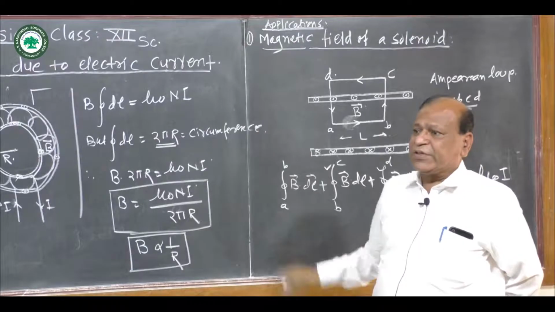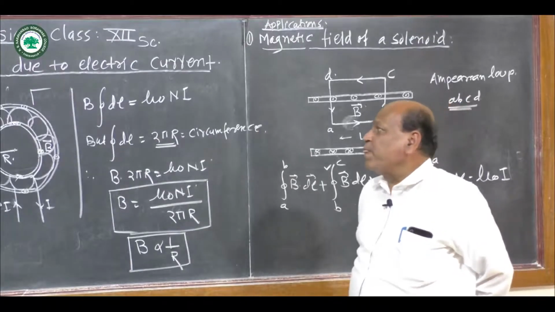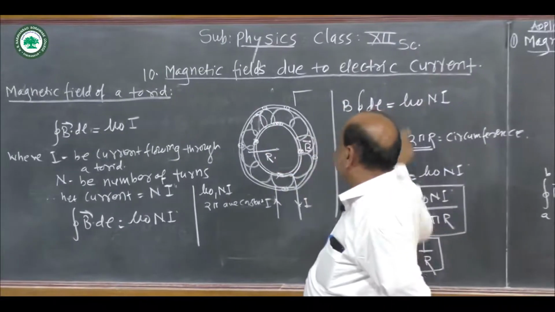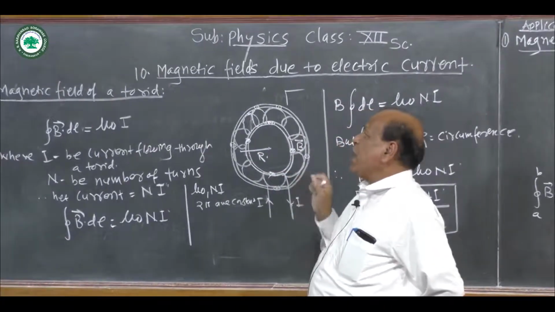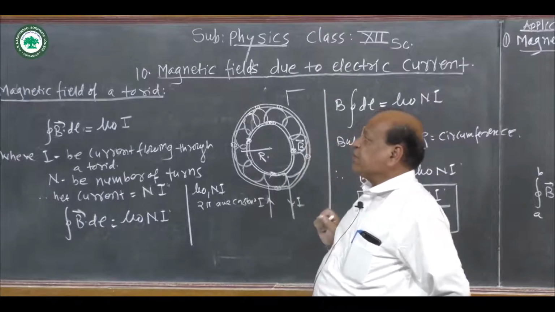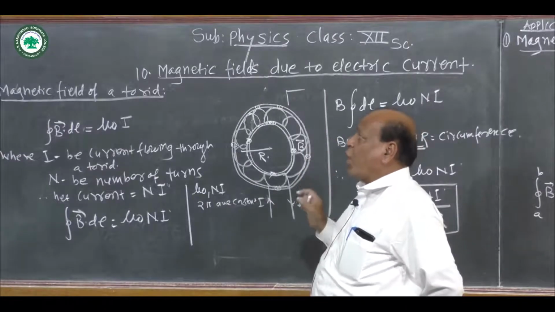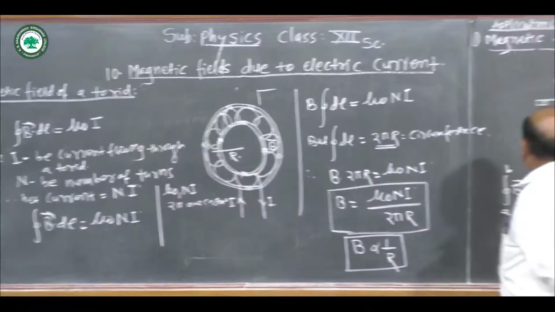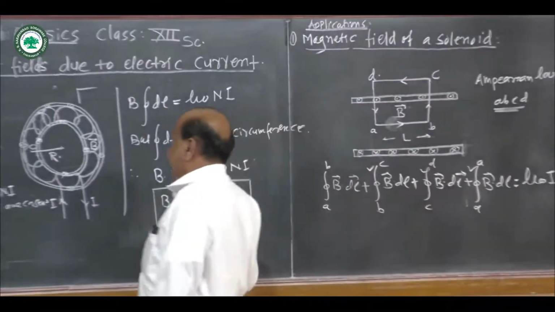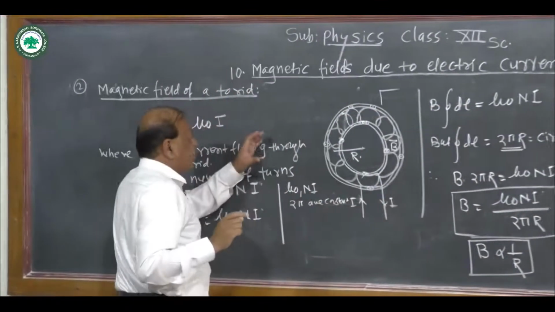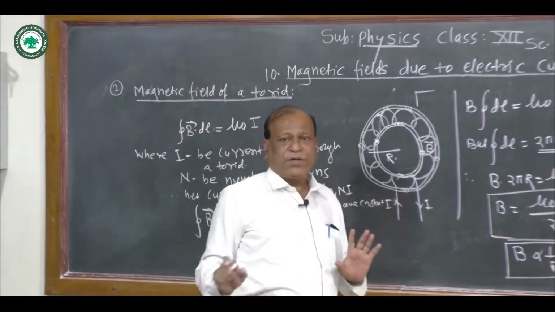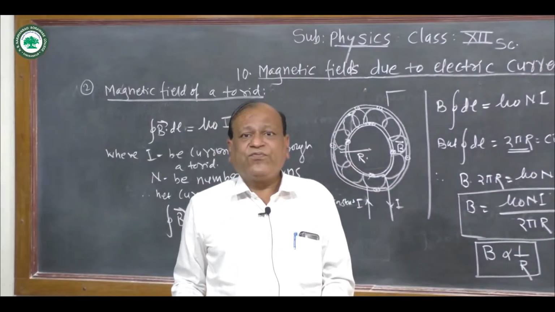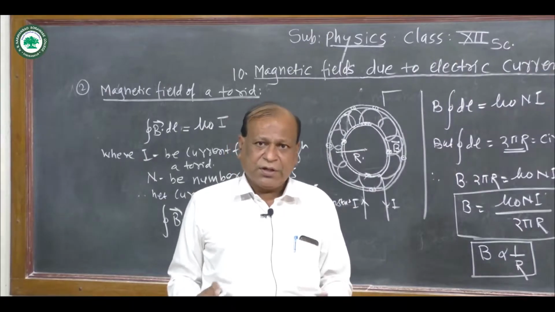We explained that the current in Ampere's Circuital Law is the interior current, that is, inside the Amperian loop, and using Ampere's law, we found the magnetic field of a solenoid and of a toroid. In this way, we finish the topic of magnetic fields due to electric current. Okay.